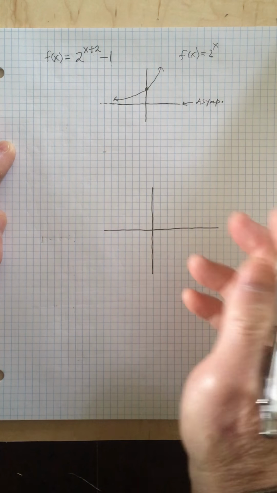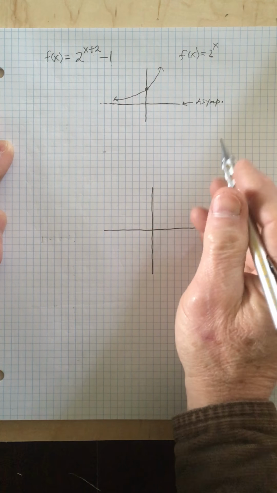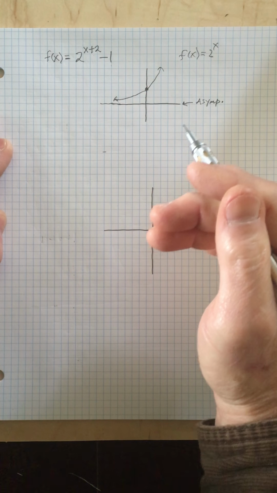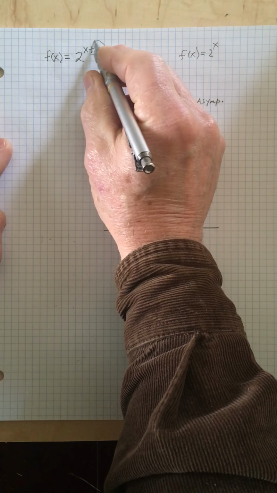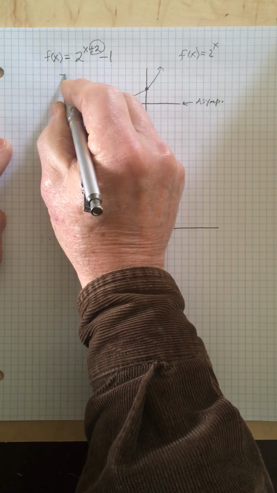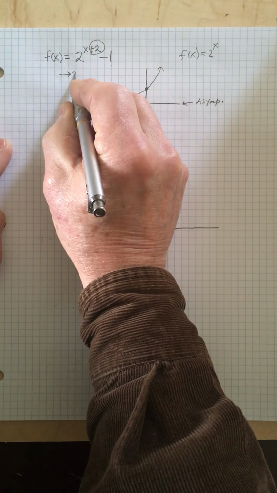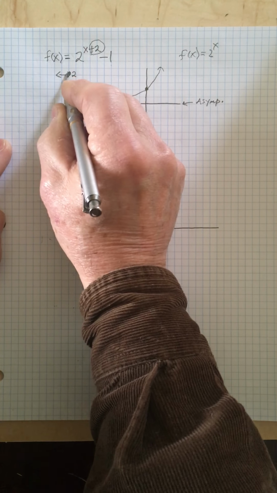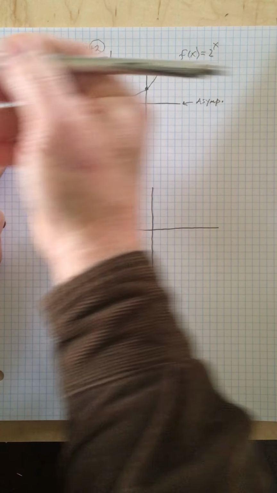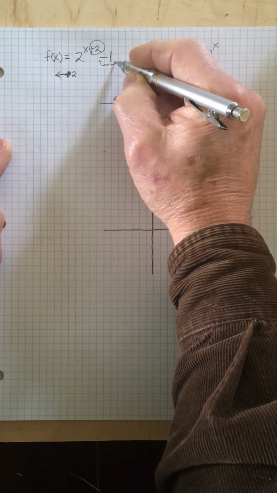So again, if you remember from chapter 3, when you're dealing with asymptotes, generally you want to move those first. So if you look at this equation, we're going to go to the left 2. Whoops, let me go this way. We're going to go to the left 2, and we're going to go down 1.